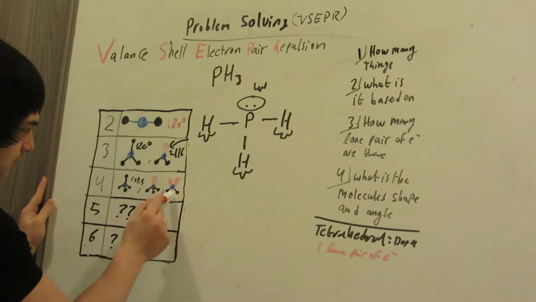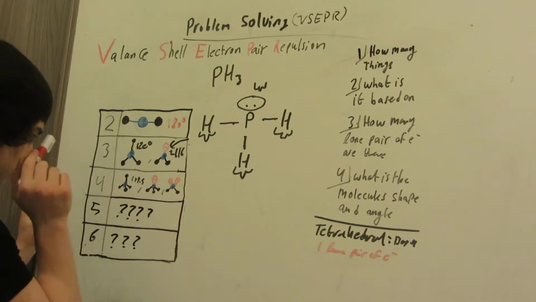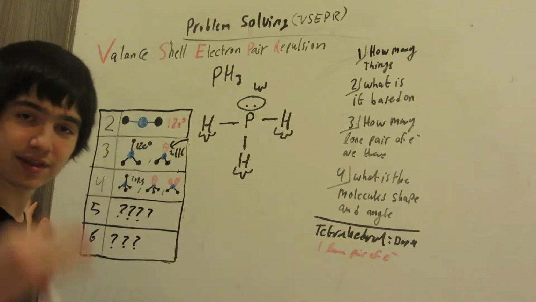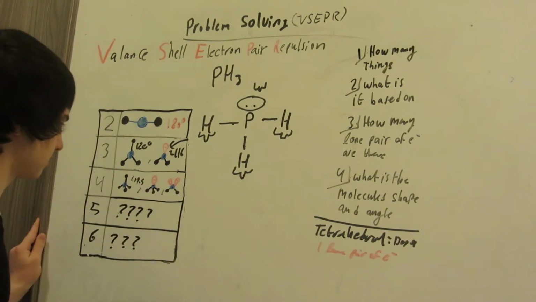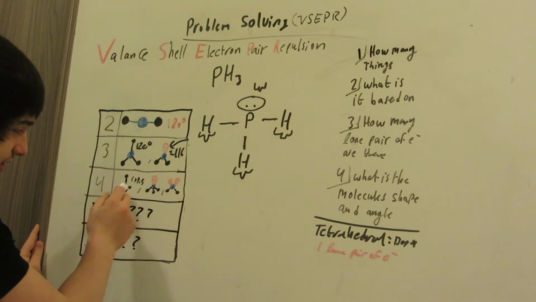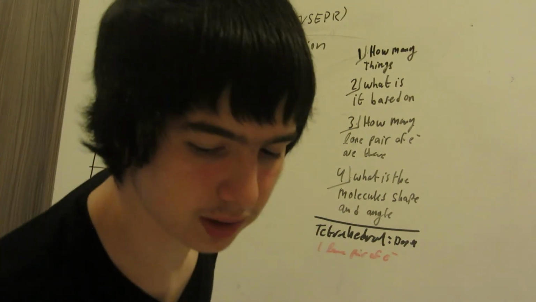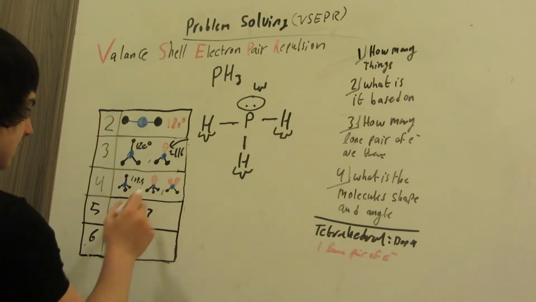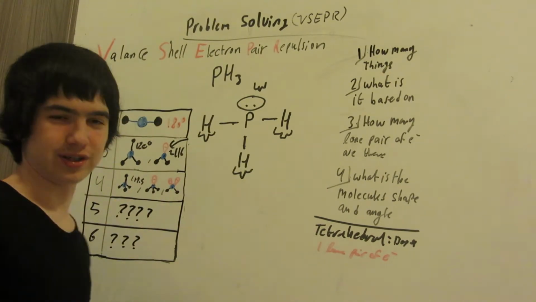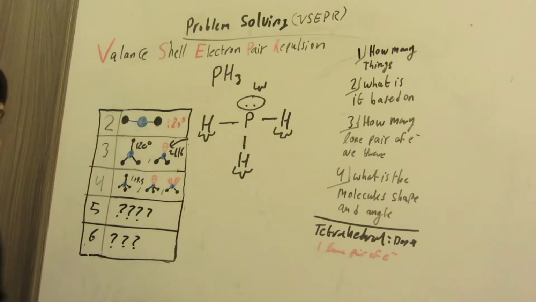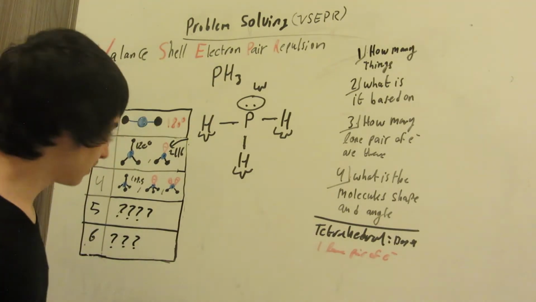Which one of these shapes has 3 atoms and 1 lone pair of electrons? It's not tetrahedral because we just saw it. It has 4 atoms and no lone pair of electrons. Is it trigonal planar? Trigonal pyramidal. My bad. It's trigonal pyramidal.